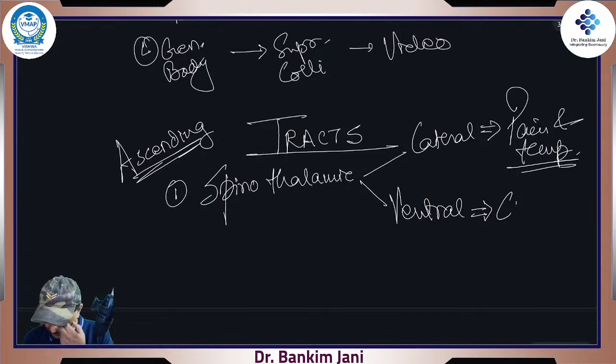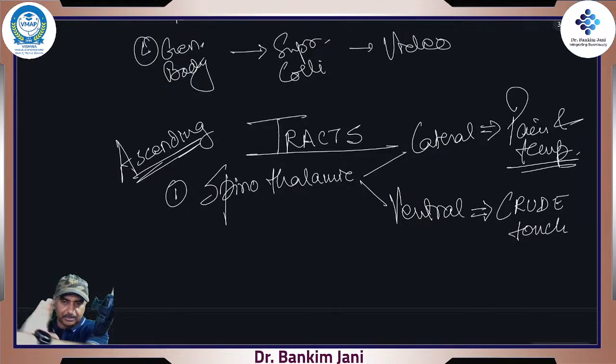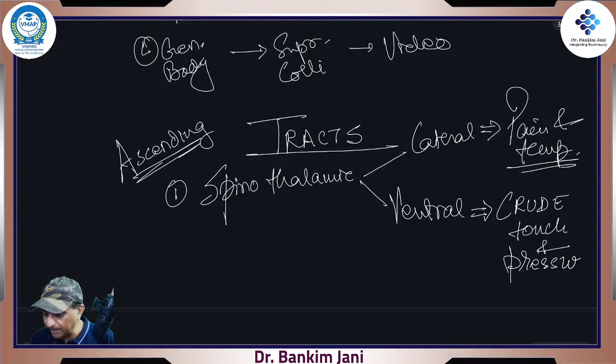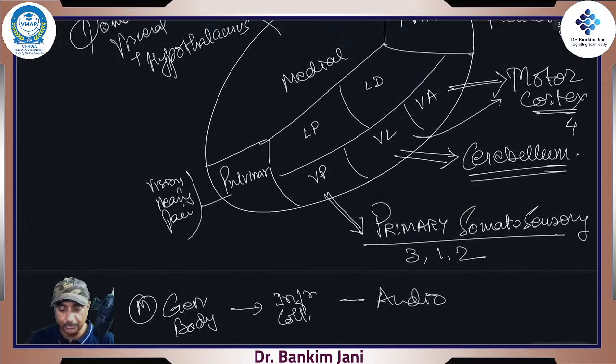This is crude touch. Crude touch is when the hand is held like this with power. That is a crude touch. Then the pressure. So crude touch and pressure is what is handled by this ventral spinothalamic. And this is very specific. For crude touch and pressure, ventro-posterior, we saw ventro-posterior.